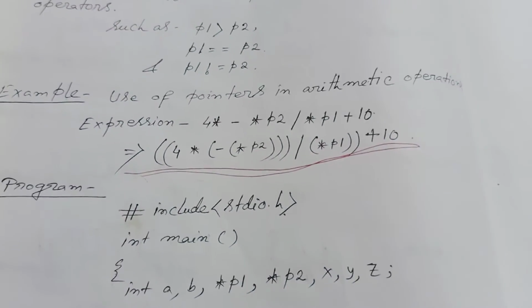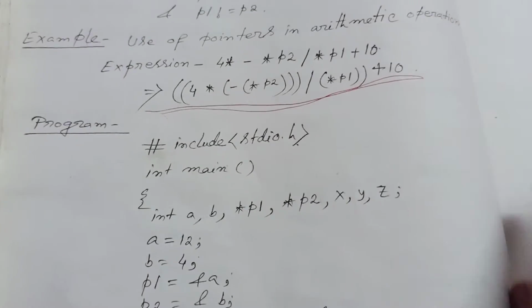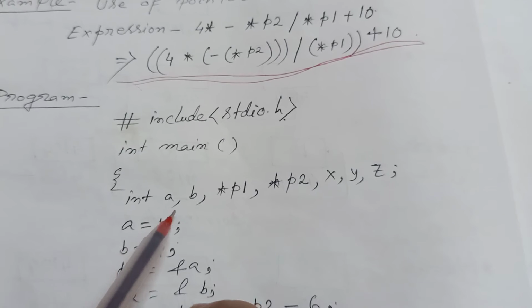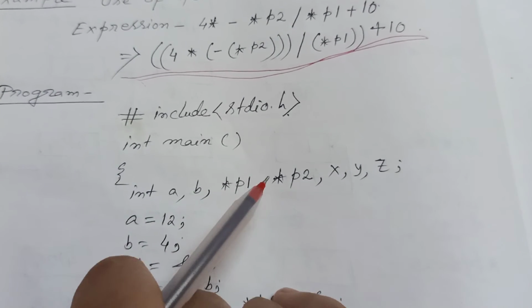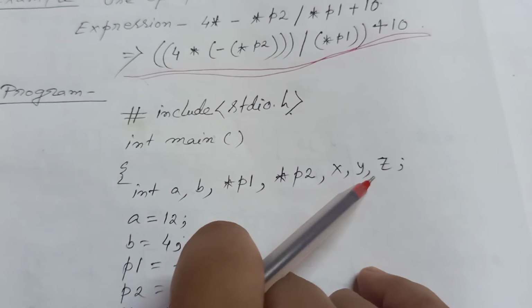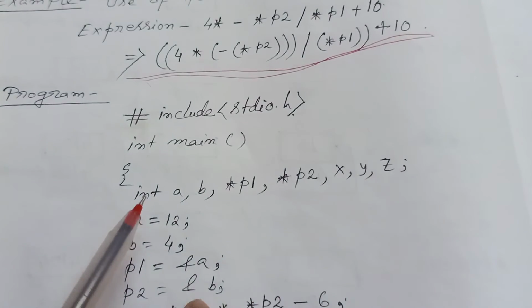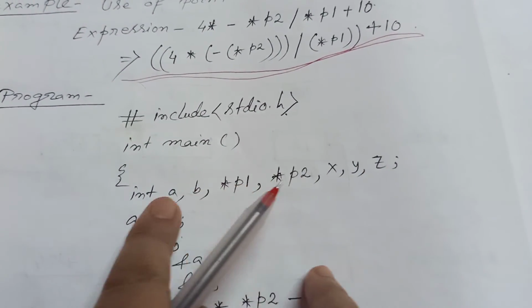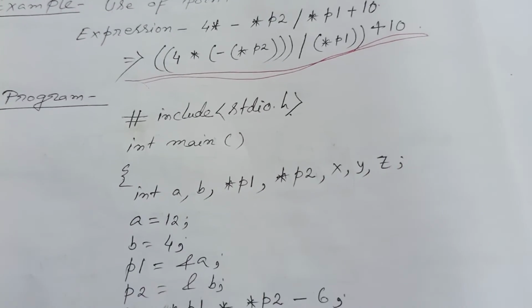Okay, so let's start. The program has included stdio.h and int main. In the declaration part we have int a, b, *p1, *p2, x, y, z. We are declaring all these integer variables.